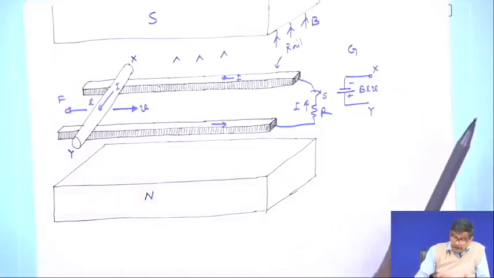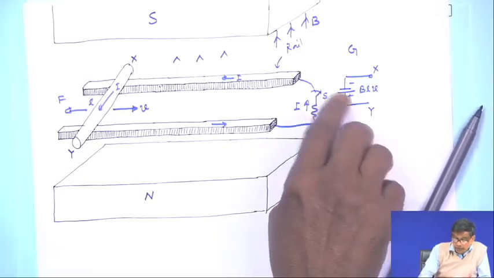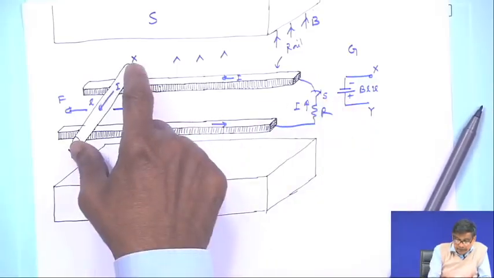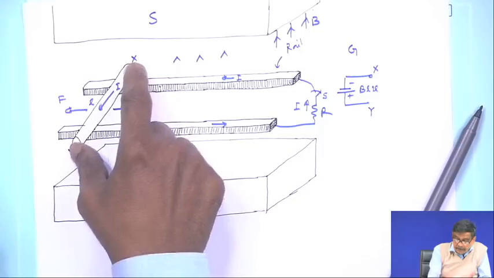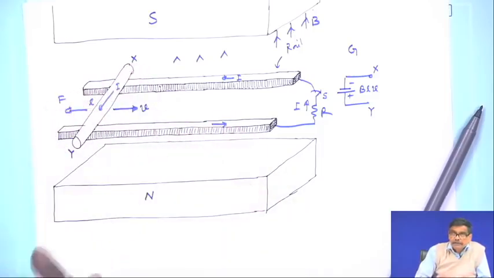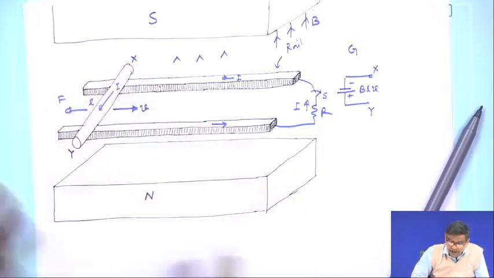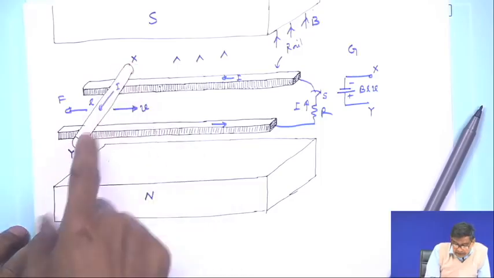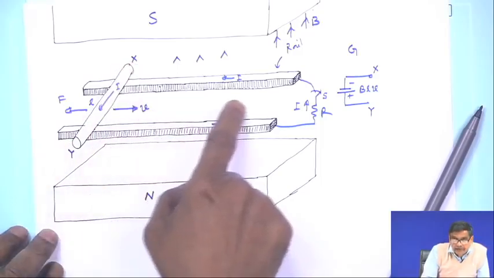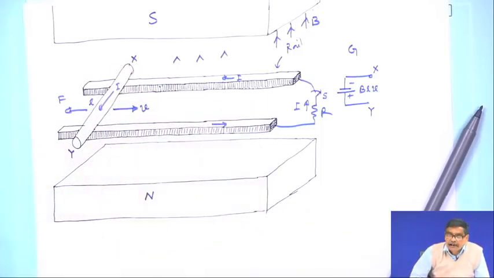Now, let me repeat once again. S was opened, there was a voltage between these 2 points generated, and let us assume the track has no friction, no air friction, ideally no friction is present. Therefore, this conductor was moving with a constant velocity v, and for that I do not require any force to be applied.